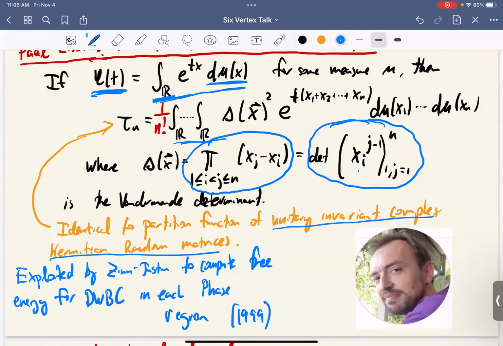And so he exploited this fact and this connection to compute the free energy of the domain wall boundary condition six-vertex model in each of the phase regions.